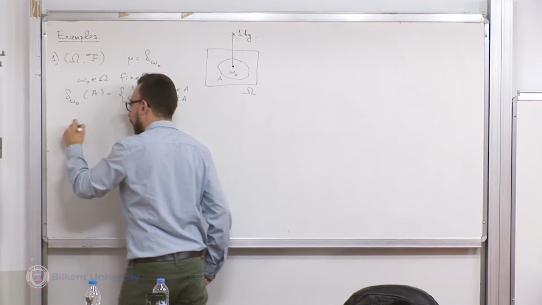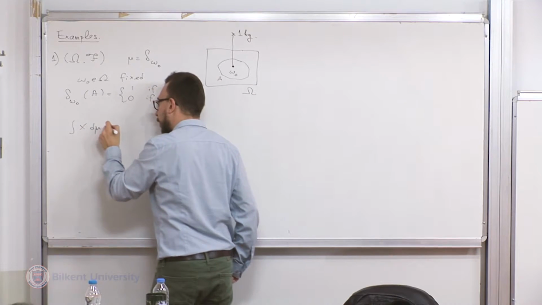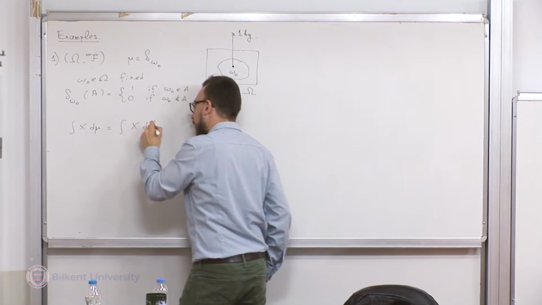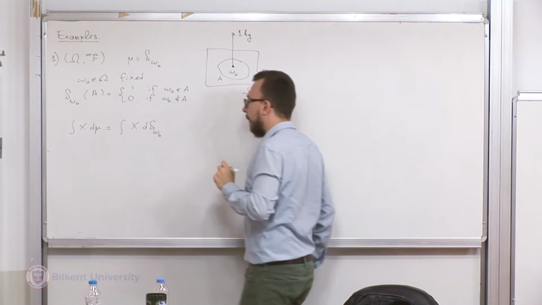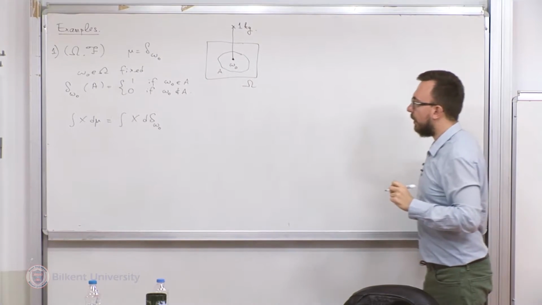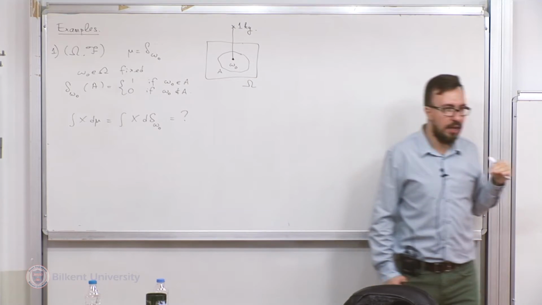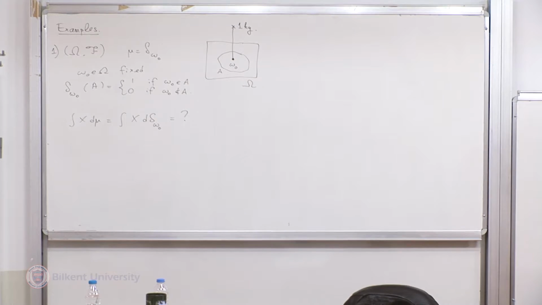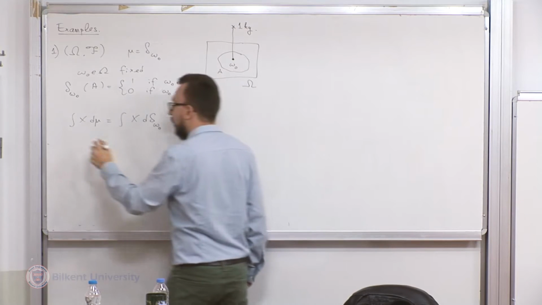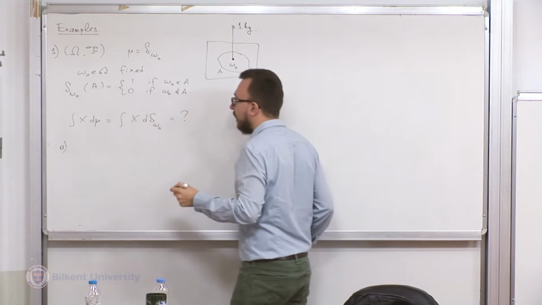So now what is the integral of x d mu? The integral of x d Dirac. So what is this? Well, let's start with step 1, or step A, whatever.